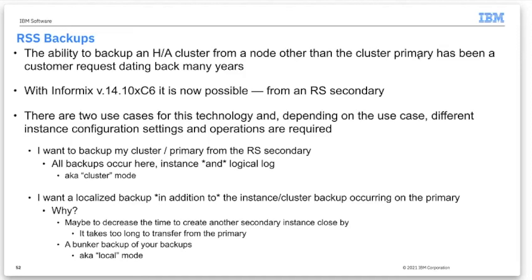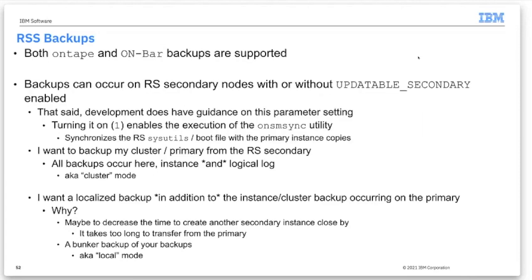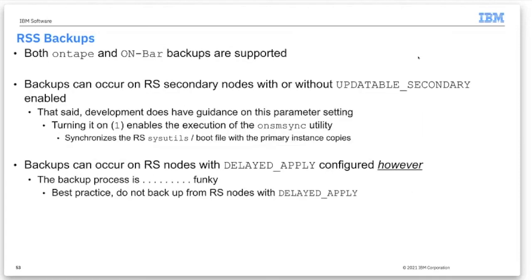Those are just two of the use cases that you might want to use for this. Both on-tape and on-bar backups are supported with this technology. Backups can occur on RS secondaries with or without updatable secondary being enabled.